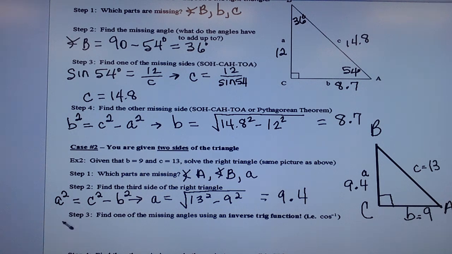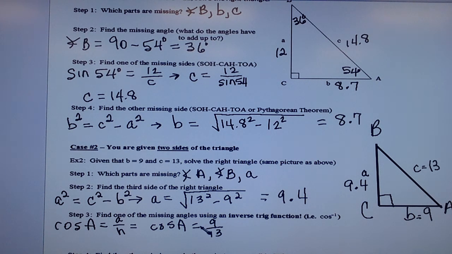So remember, cosine A is adjacent over hypotenuse. So cosine A is going to be 9 over 13.